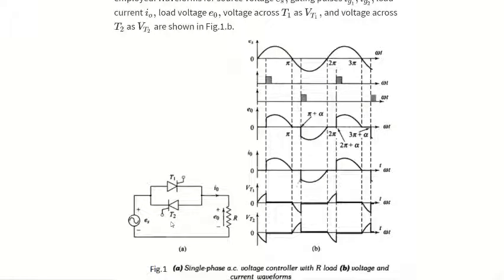So in order to simplify the circuit, there are different configurations where you can use a single gate triggering circuit, which can turn on both the devices, but one in the positive cycle, the other in the negative cycle. So I give it to you as a self study.